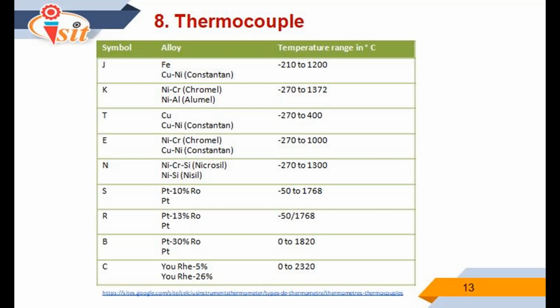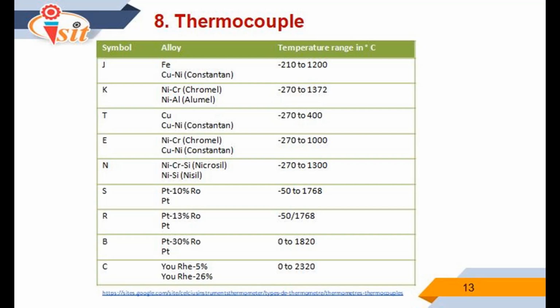Next one is S-type of thermocouple, which is a combination of Pt 10% and Pt, with a temperature range of minus 50 degrees Celsius to 1768 degrees Celsius. Next, R-type of thermocouple, which is a combination of Pt 13% to Pt. The temperature range of this thermocouple is minus 50 degrees Celsius to 1768 degrees Celsius.